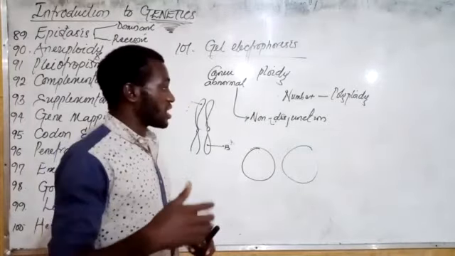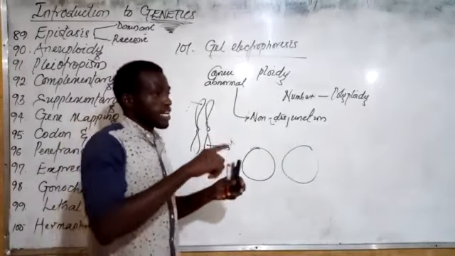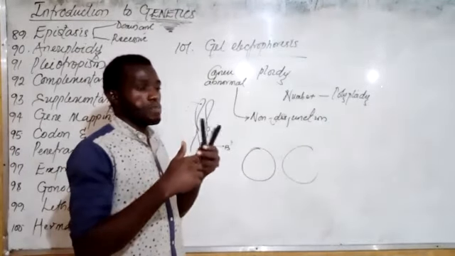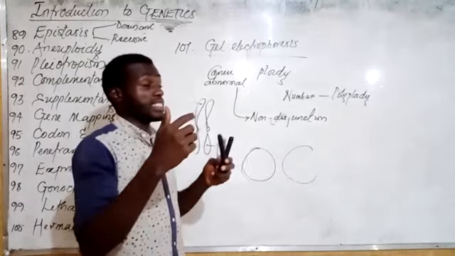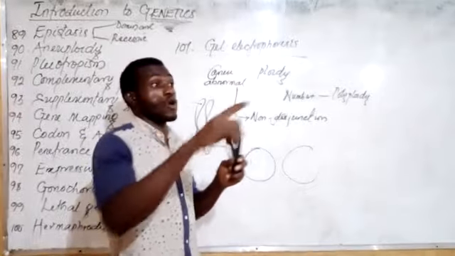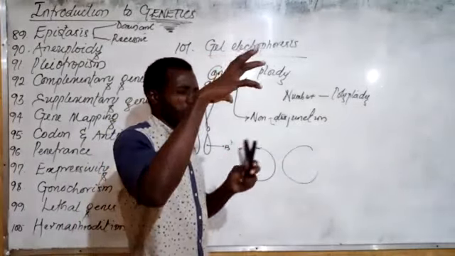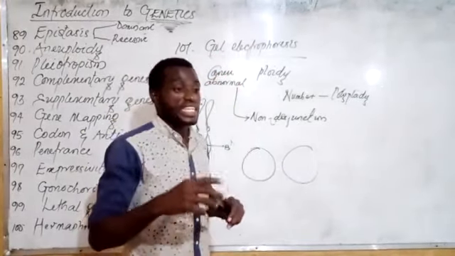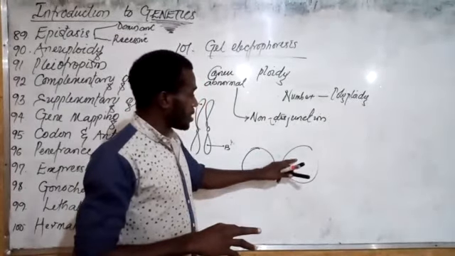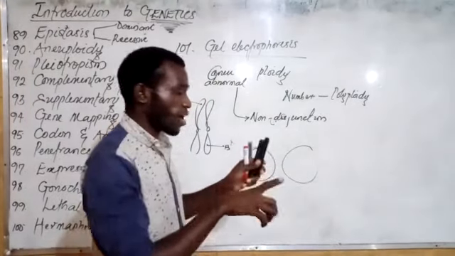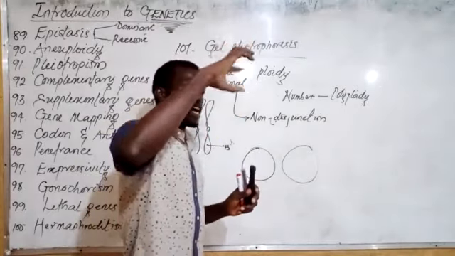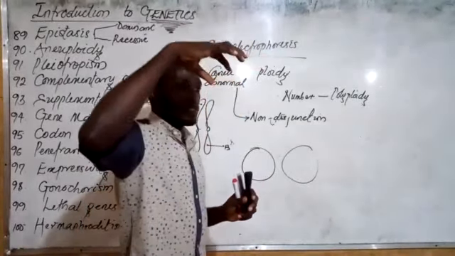And it could be for different reasons. We said that at the pachytene of prophase, the homologous pairs are going to pair up, and they are going to begin to move towards the metaphase plate.